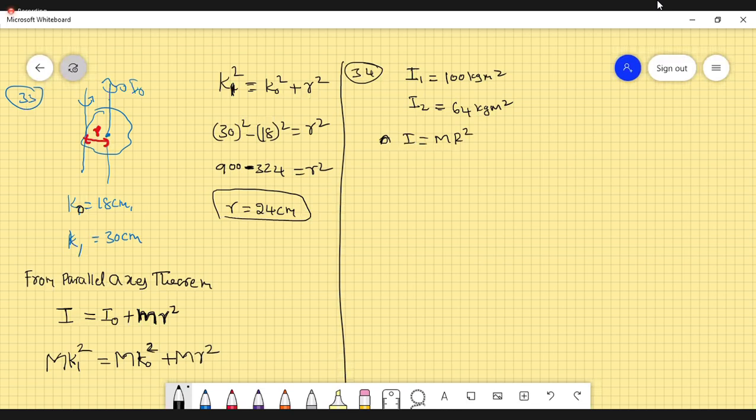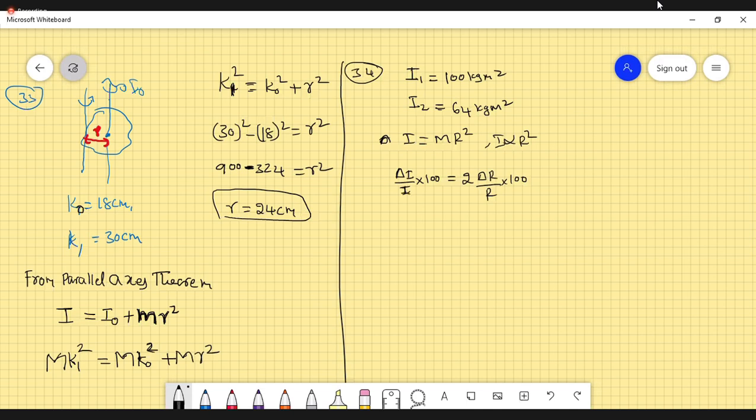So we can write the percentage error, delta I by I into 100%, equals 2 into delta r by r into 100%, since I is proportional to r square. Here you have to find delta r by r.